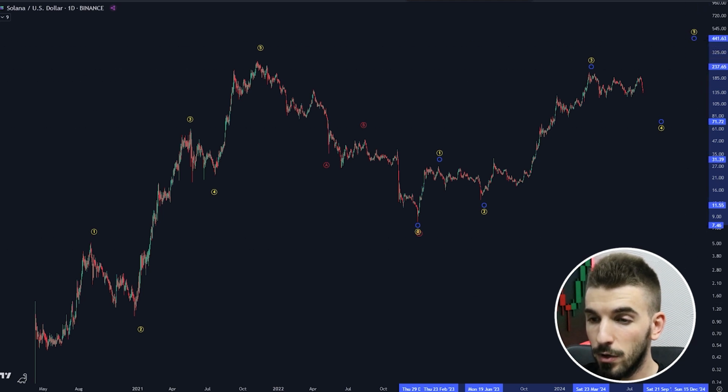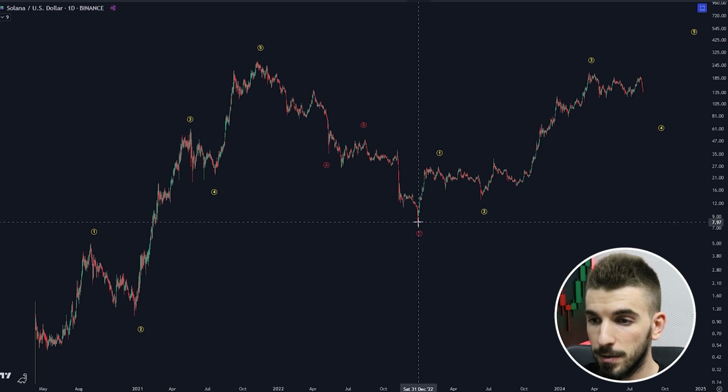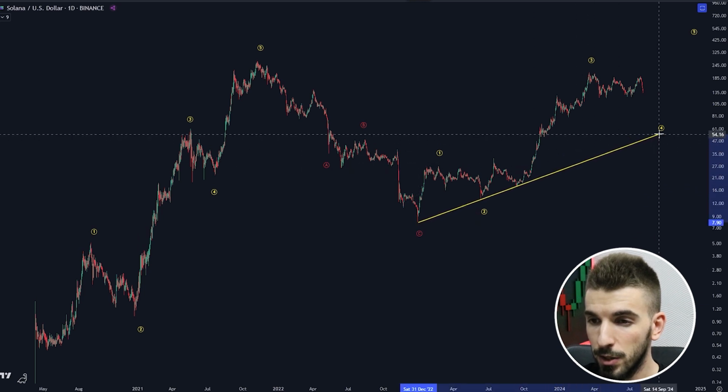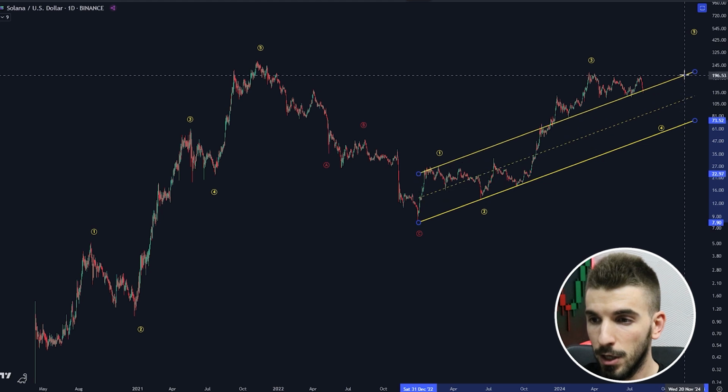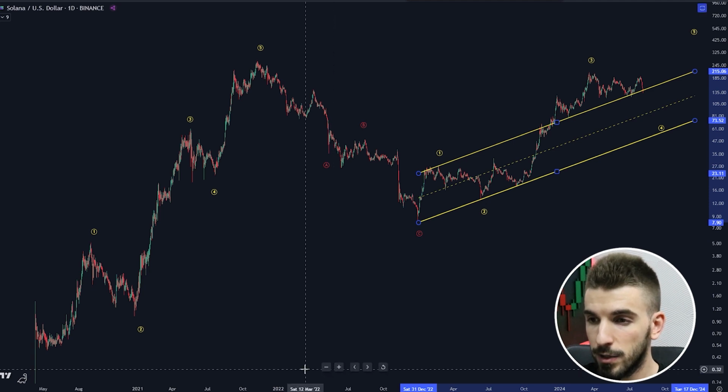Now we will draw a trend channel from the bear market low to the upside. We have 3 touch points here, and we will move the trend channel upper boundary to the top. We can see here that we have 1, 2, 3, 4, and now at this moment 5 touch points.